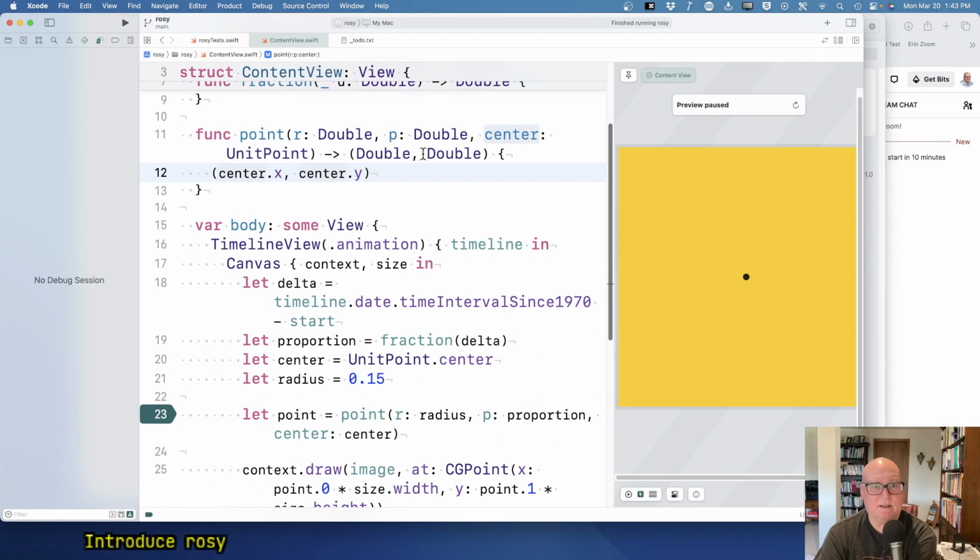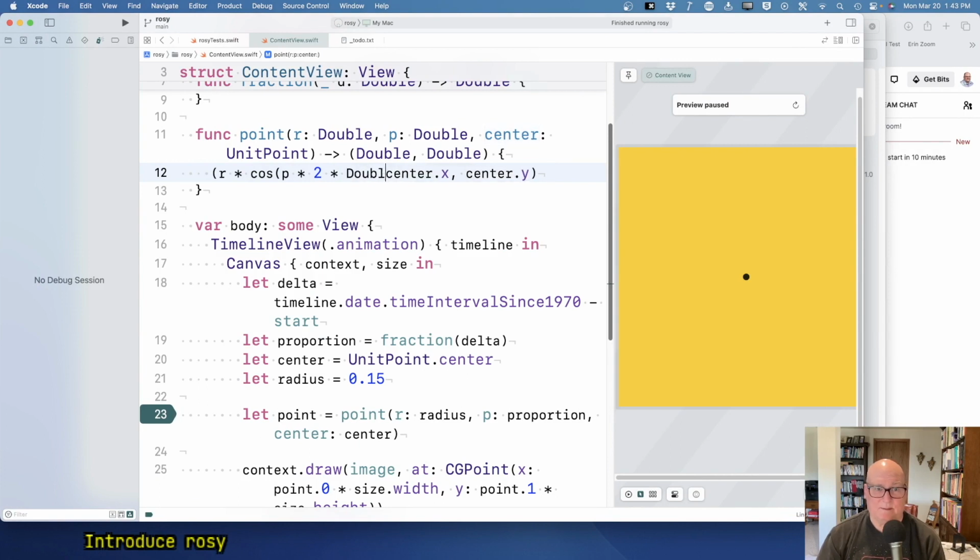So let's take x is r times cosine of p times 2 times, I don't know where pi is, double dot pi.